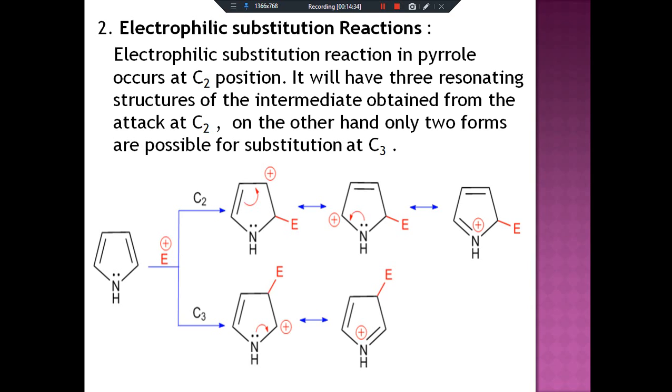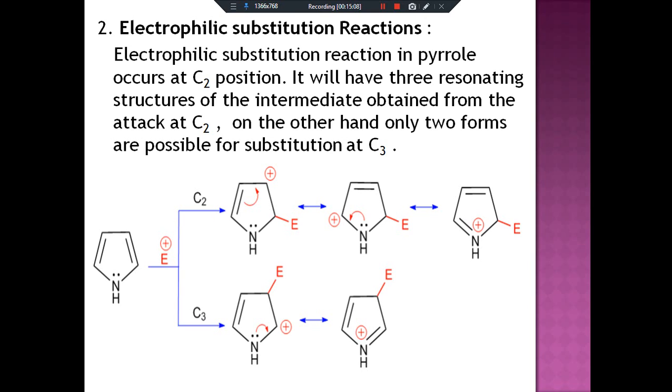And coming to the second important property, electrophilic substitution reactions. Just now we learned that pyrrole participates in substitution reactions rather than addition reactions. Why? Because if pyrrole participated in addition reactions, it would lose its conjugation and lose its aromatic character.